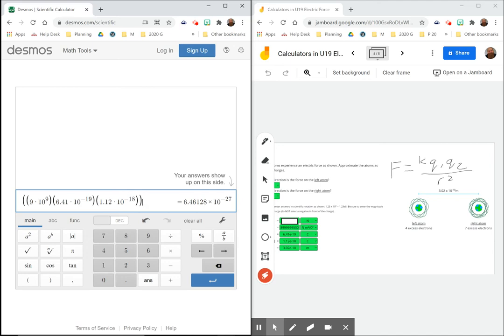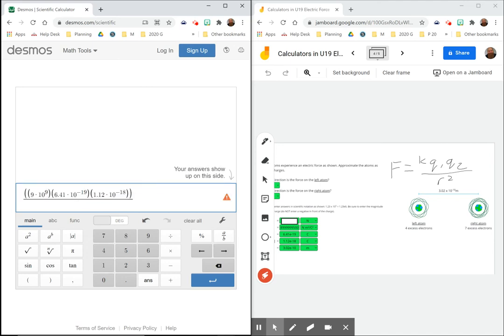Now I can divide. I use the slash on the keyboard, but you could also click right here, the divide. And now we want R squared. Well, since we want R, we'll put R inside the parentheses and put the squared outside that. So R squared is what we're doing right now. R is right here.